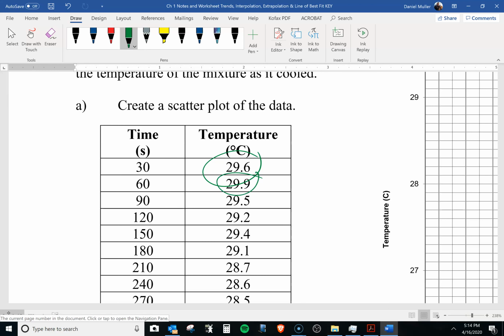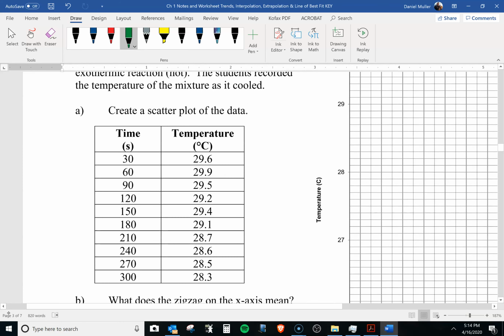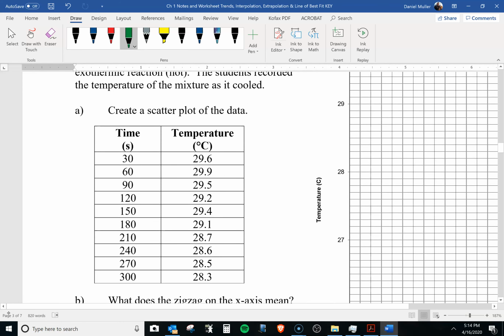Then it went up to 29.9, and then 29.5, so then it dropped. Then 29.2, so it went up, then down, down, down, down. So it looks like the temperature is cooling. It's kind of nice to know what the overall trend is before you graph it.